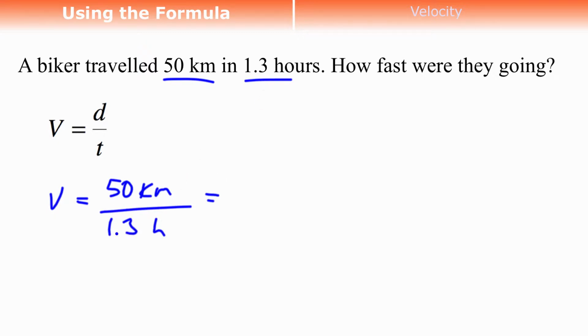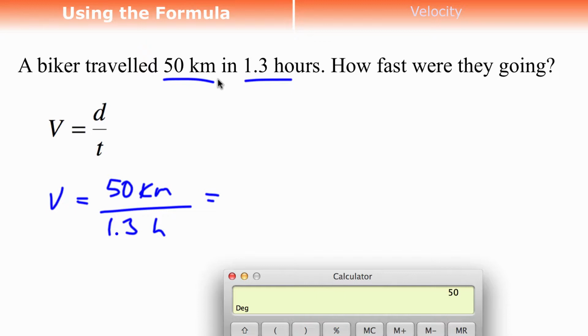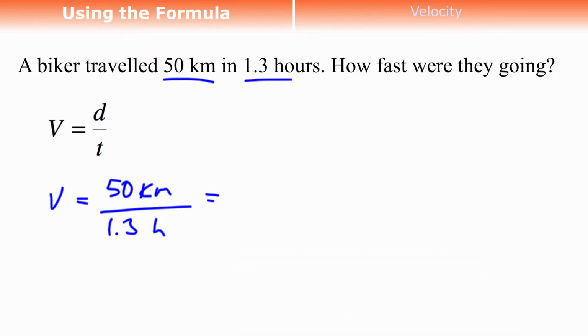So if I were to divide those two, let me just do that quickly. Calculator, 50 divided by 1.3 gives me 38.46.